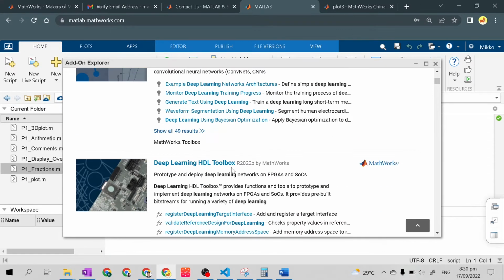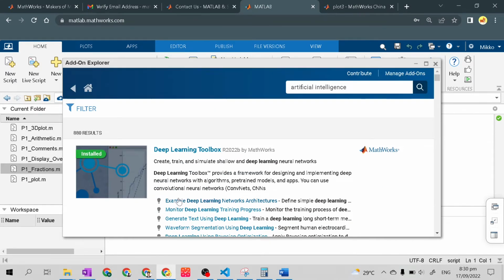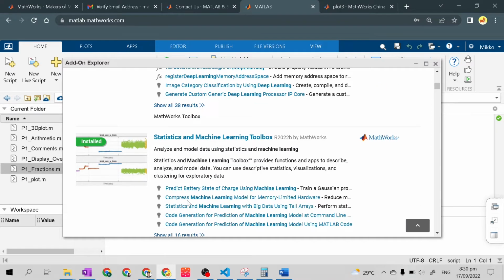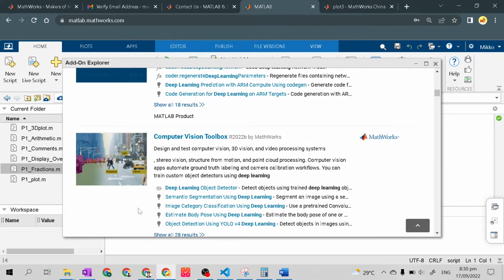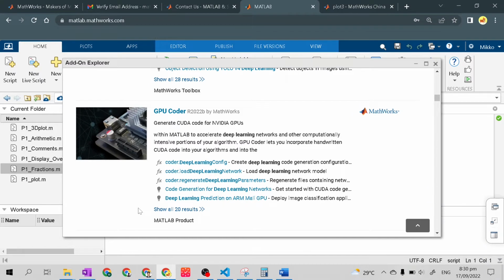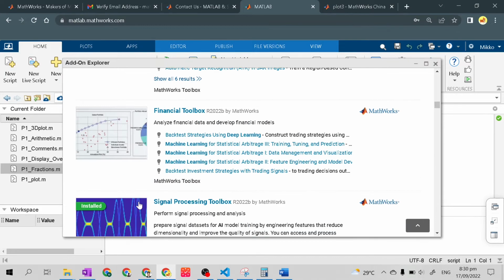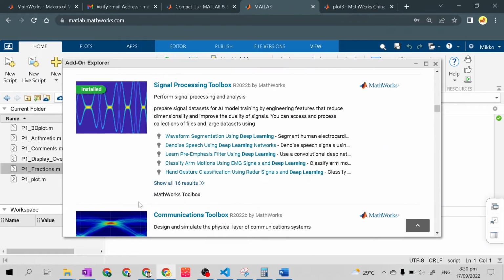You need the licensed software of MATLAB to install these toolboxes. So these toolboxes are like applications that may or may not assist you in solving your thesis problems, project problems. That is why MATLAB is useful. This is its main advantage.